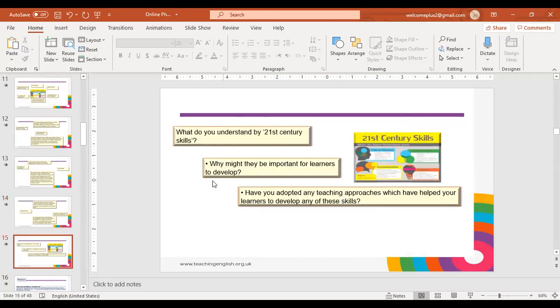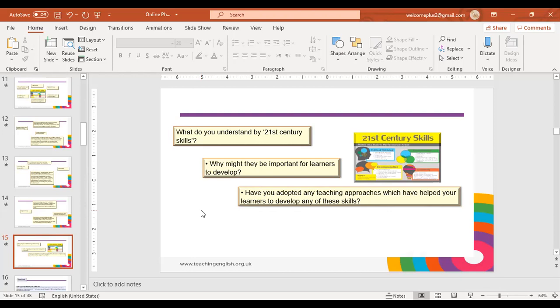What do you think? What do you understand by 21st century skills? What are they again? Are they about knowledge only, or knowledge, values, and life skills? Knowledge, life skills, all of them. Yes. Why might they be important for learners to develop?